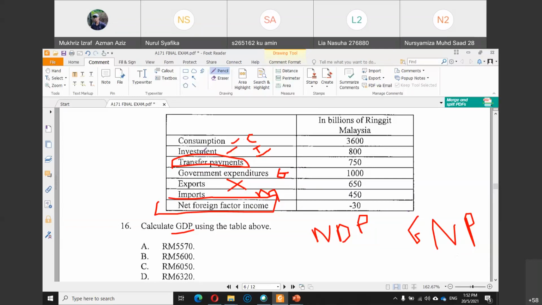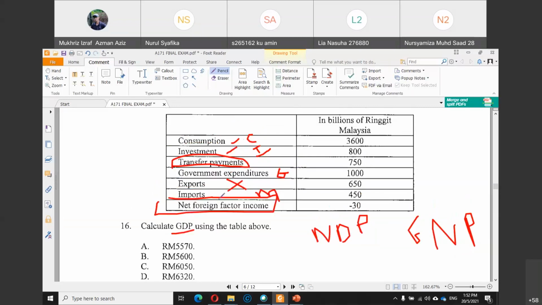I think in the slides it's quite clear how you arrive from GDP, converting from GDP to GNP, and from GNP to, let's say, NDP and also NNP. Net domestic product, net national product, gross national product, gross domestic product. We already discussed that last Monday.